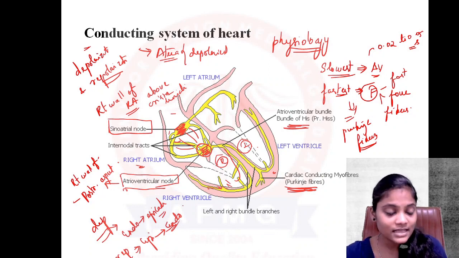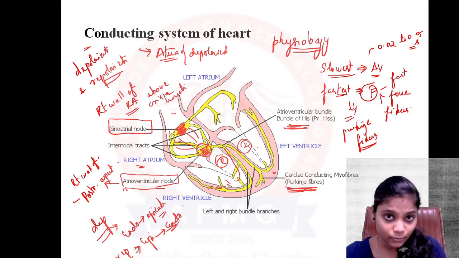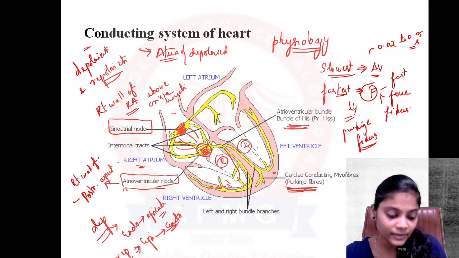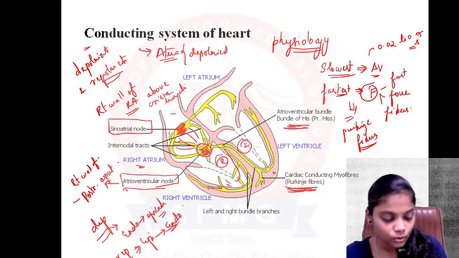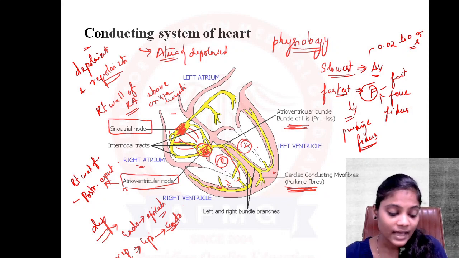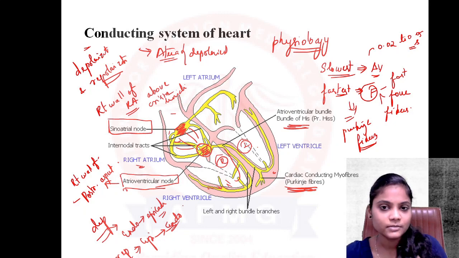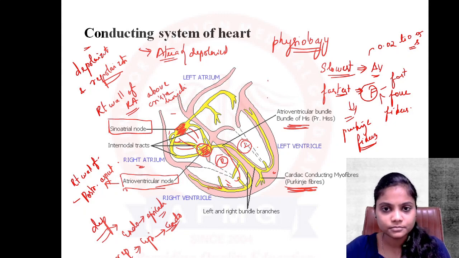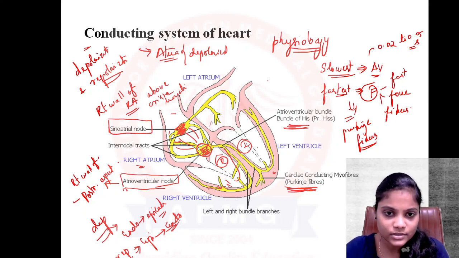Why? Because once they get depolarized, the impulse then travels from your SA node to the AV node, and further on through the bundle of His and fibers.